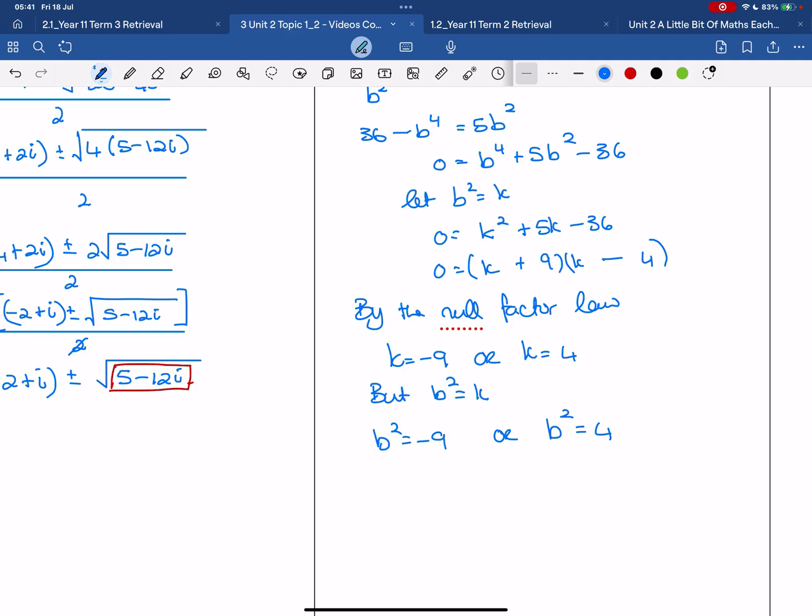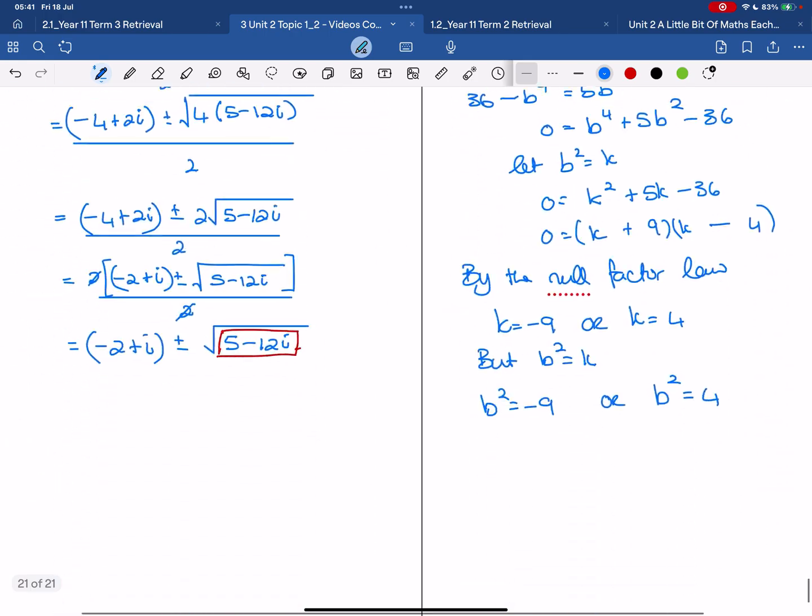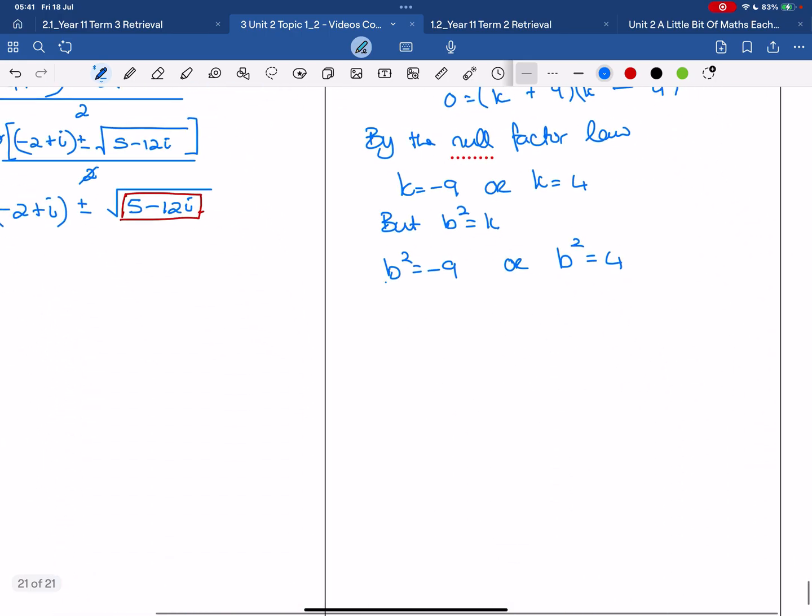Our original question says that we need to find (A plus Bi) all squared. Now this A and this B are both real numbers. Okay, so B can't be a complex number. So B is a real number, so B is an element of the real numbers.